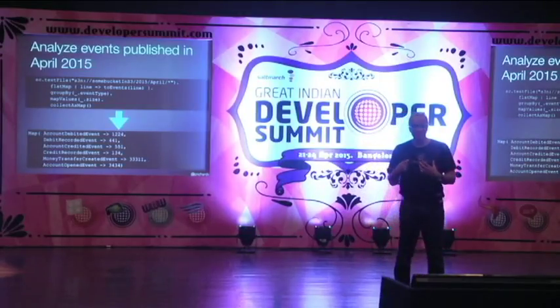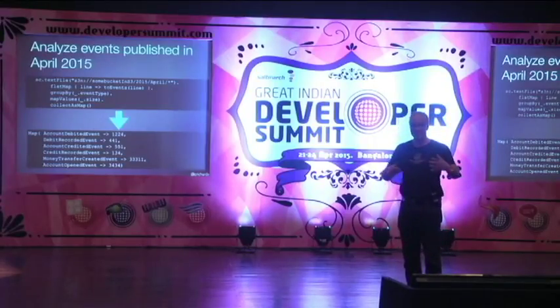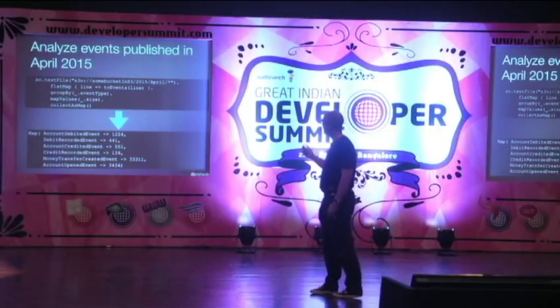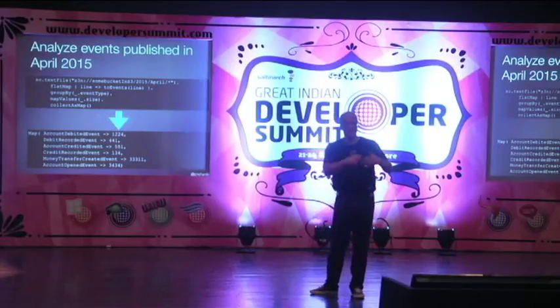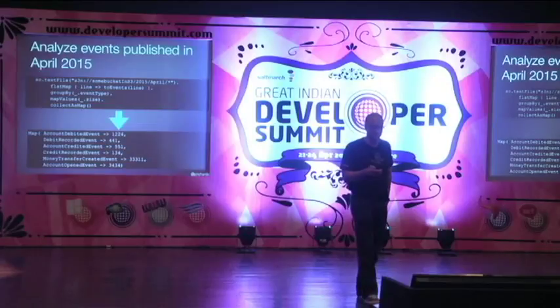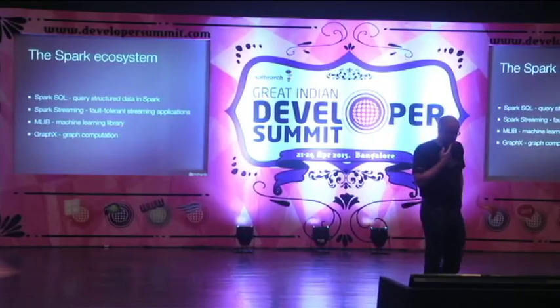What we're getting back is a map saying there were so many of this business event, so many of that business event, and so on. So it's a very tiny amount of code which could be processing a massive amount of data, depending on the size of the cluster. That's a high-level view of Spark.